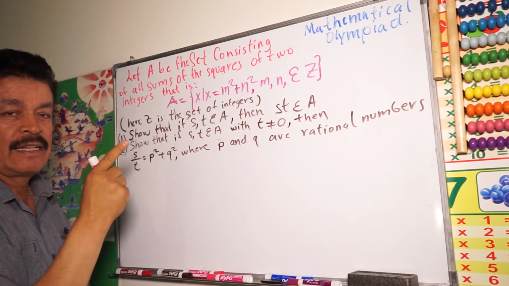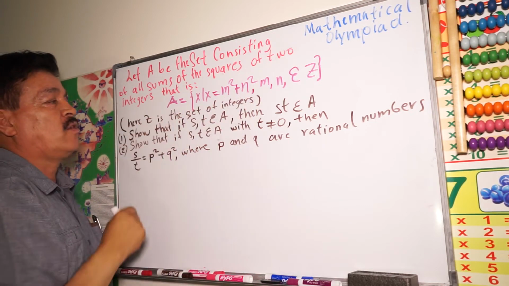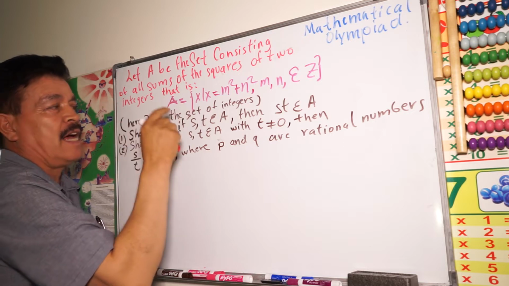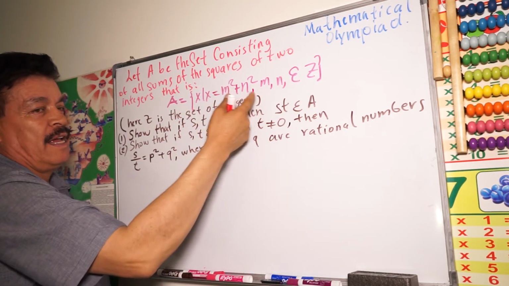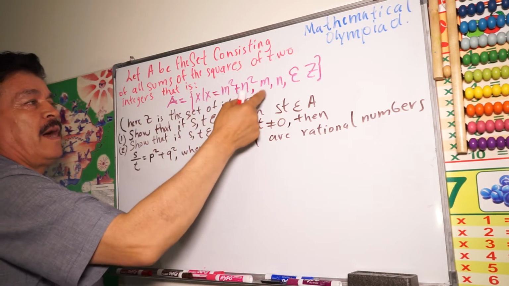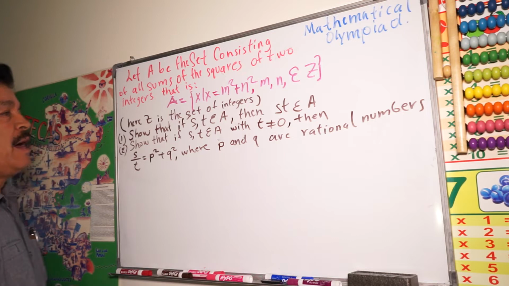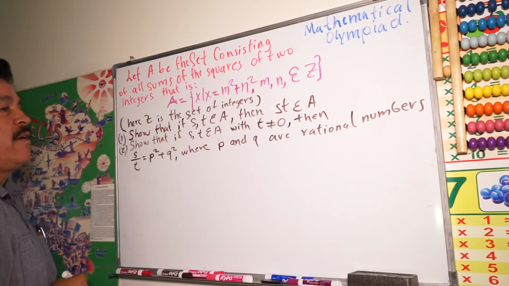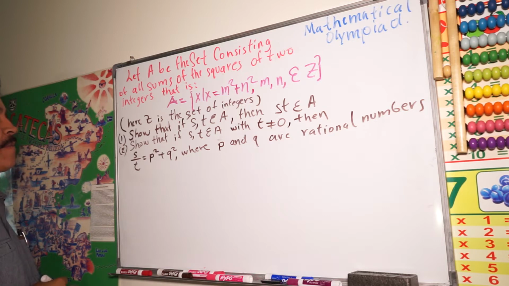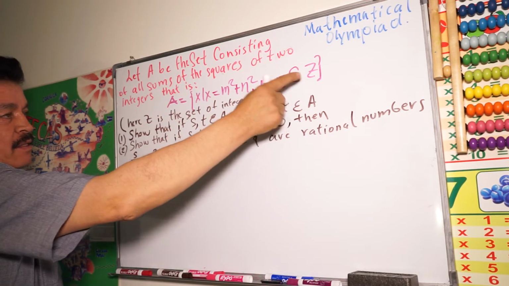That is, A is the set of x such that x equals m squared plus n squared, where m and n belong to Z, I mean the integer numbers. Here Z is the set of the integer numbers.